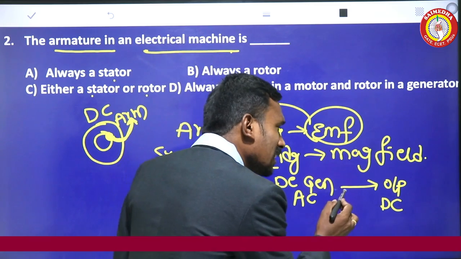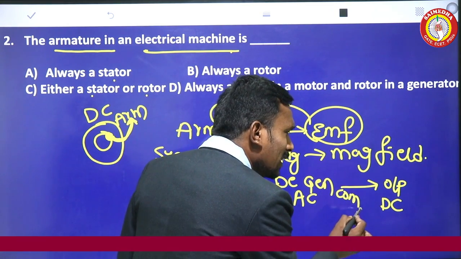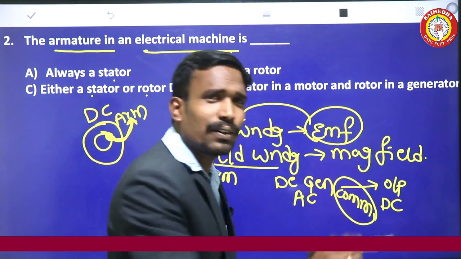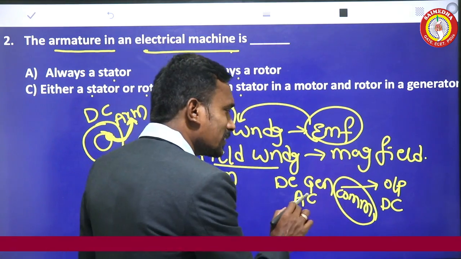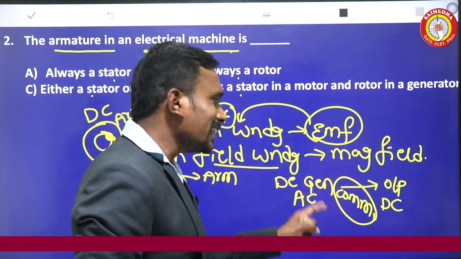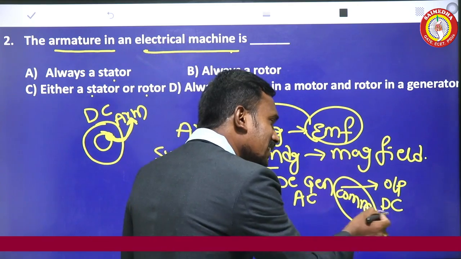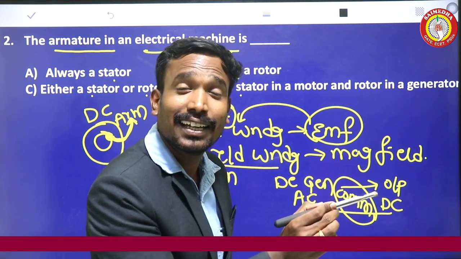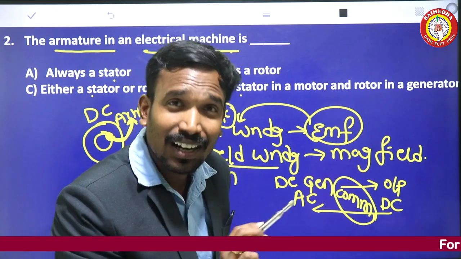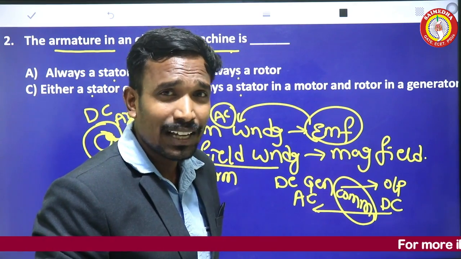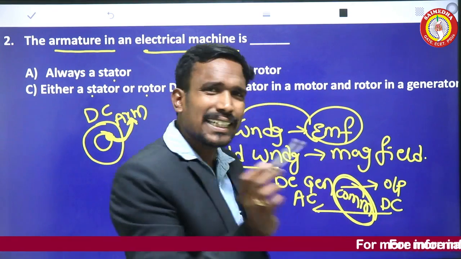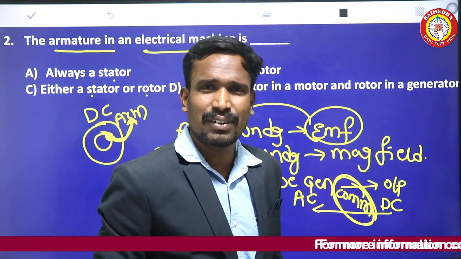That commutation is done by the commutator. The commutator is the heart of the DC machine. It converts AC to DC in the generator, and DC to AC in the motor. The commutator is a rotating device, a dynamic device.